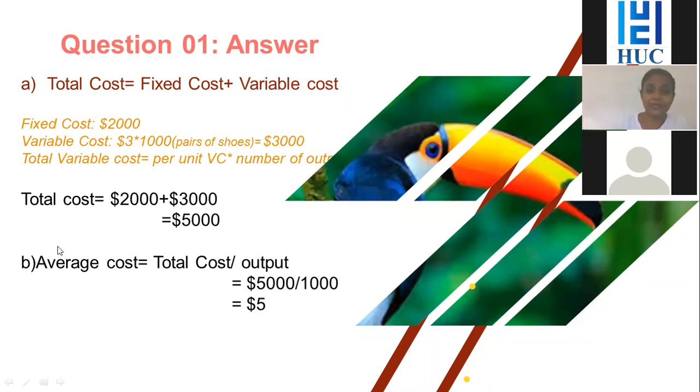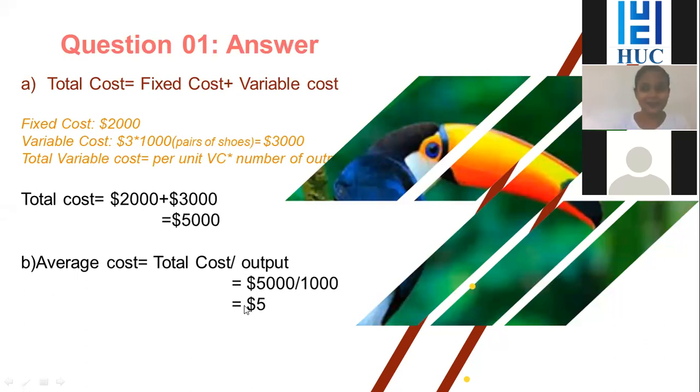Here average cost $5, right? ඒ කියන්නේ එකක් හදන්න යන මුළු වියදම $5. Okay, so always children, average cost is greater than per unit variable cost. Did you get my point? Average cost එක වැඩියි variable cost එකට වඩා.